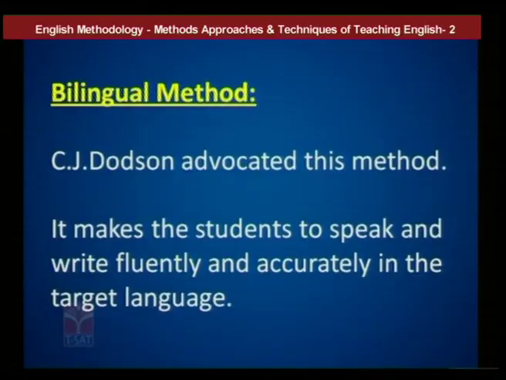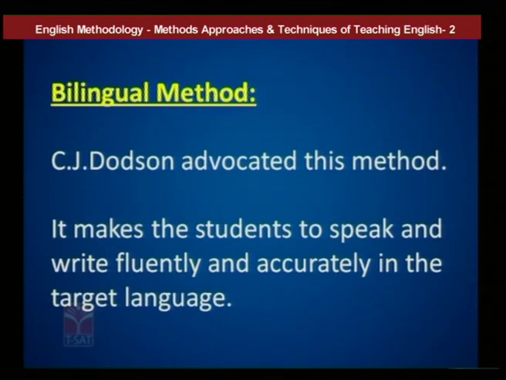The word itself is indicating bilingual, which means taking help of two languages, whether it may be the regional language or mother tongue, along with the English language. Both the languages will be considered in this bilingual method. The bilingual method term was first introduced or advocated by Tsat.